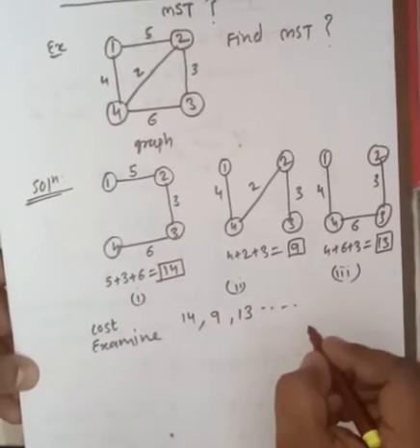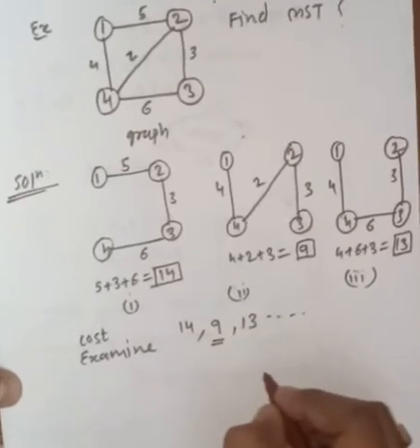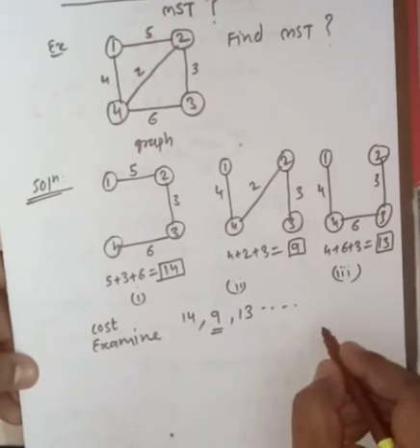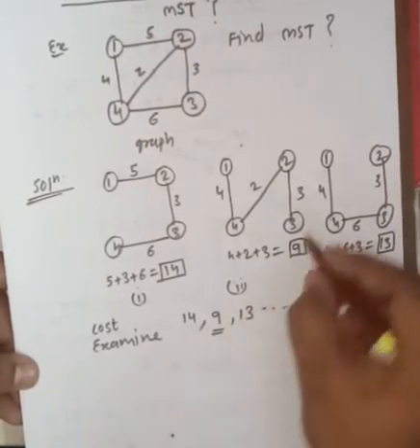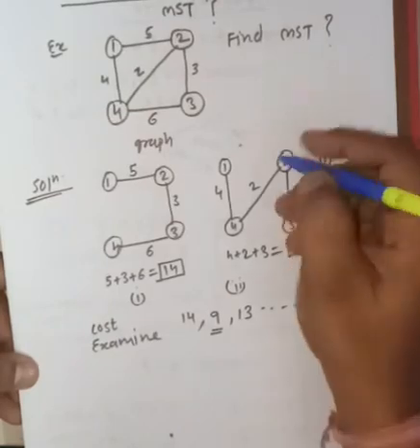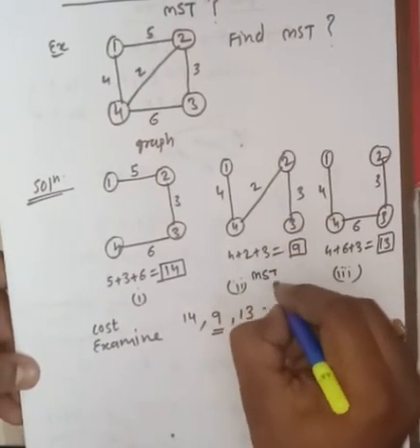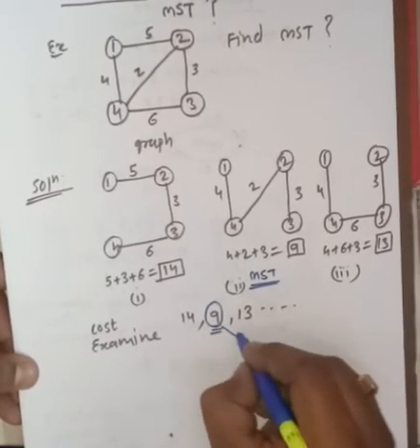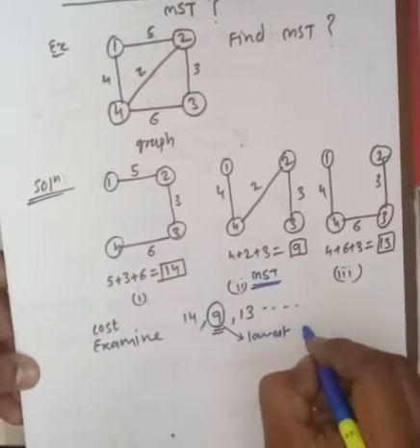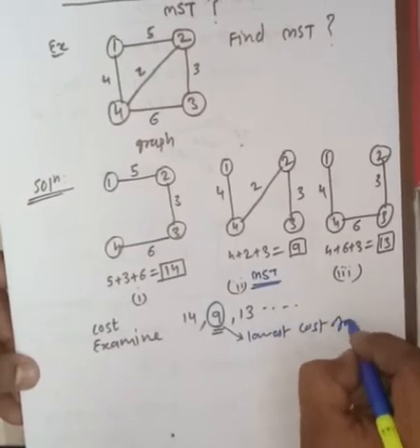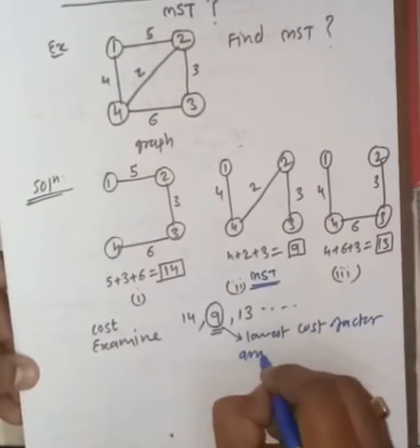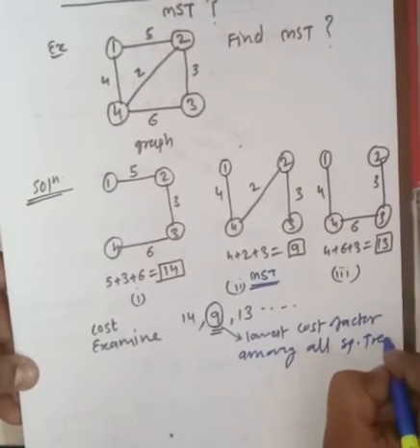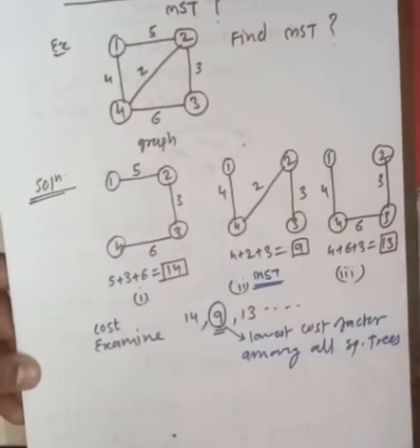So we can come to the conclusion that 9 is the lowest among all. So we can say that spanning tree number 2 is the minimum spanning tree, because it has the lowest cost factor among all spanning trees that we obtain for the given graph.